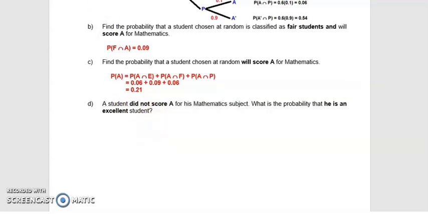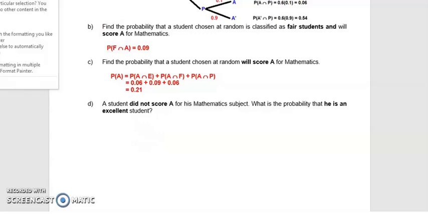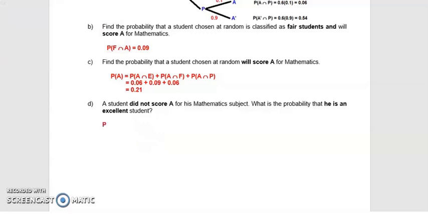So how to write your answer? We want to find the probability he is an excellent student. So P of E given did not score A. Did not score A is A prime. So this is conditional probability.